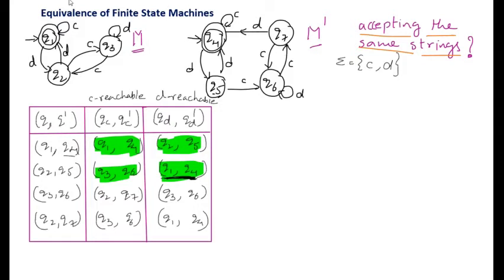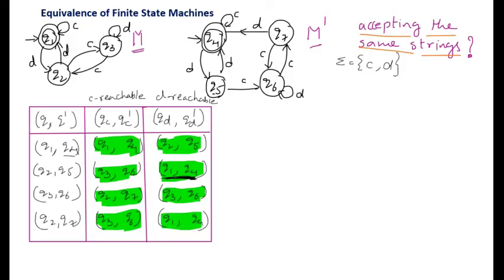Q2, Q7 are non-final states in M and M dash respectively. And Q3, Q6 are non-final states in M and M dash respectively, and Q1, Q4 are both final states in M and M dash respectively.